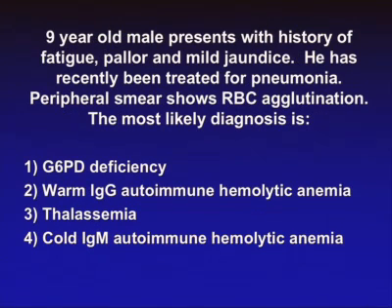How about this? A 9-year-old boy presents with a history of fatigue, pallor, a little bit jaundiced. He's recently been treated for pneumonia, okay? His peripheral smear shows some red blood cell agglutination. What is his most likely diagnosis?